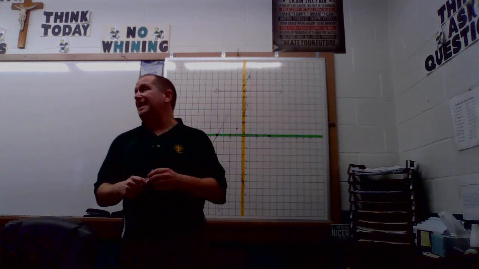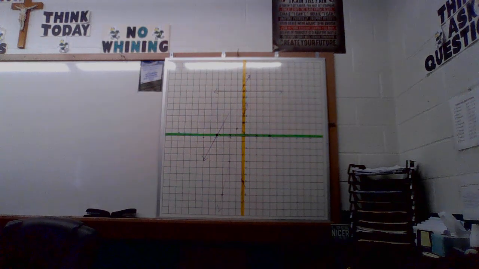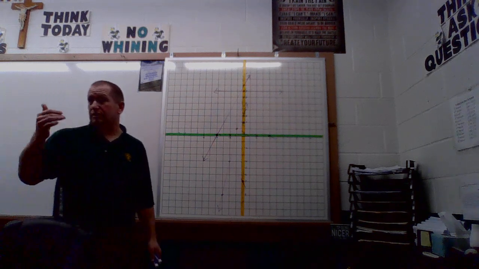So, again now, everybody look at it and think about if I asked you to graph x equals -7, where would you go? X equals -7. But where would you go? Up, down, left, or right?